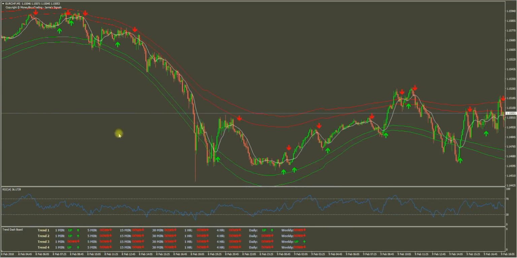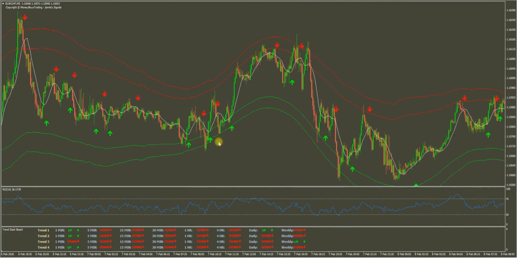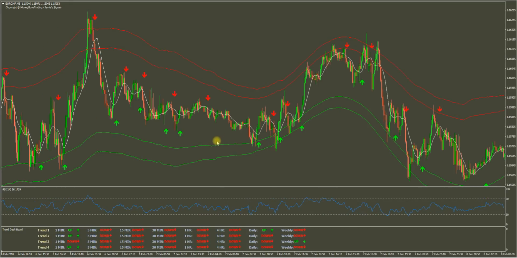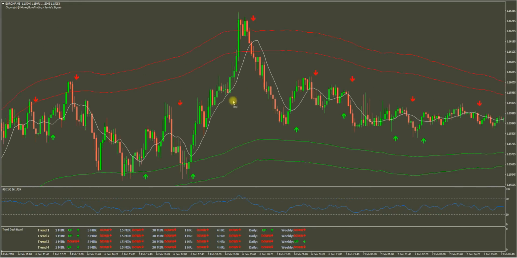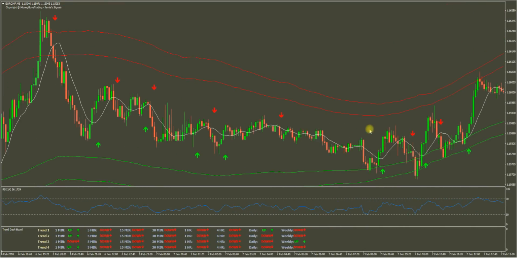So let me give you an example. I go on and on about M's and W's, and I've just spotted a nice M shape now. Now imagine this was live.